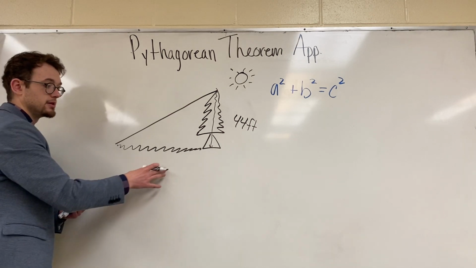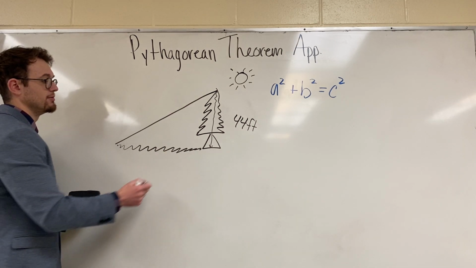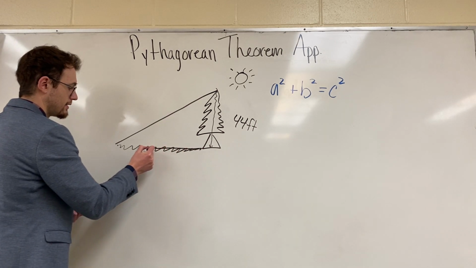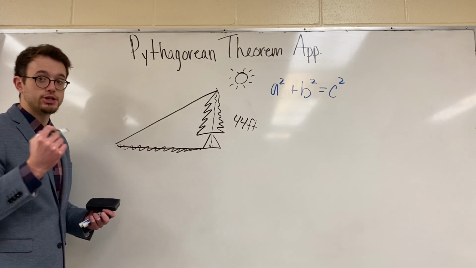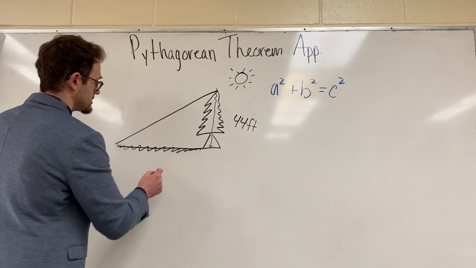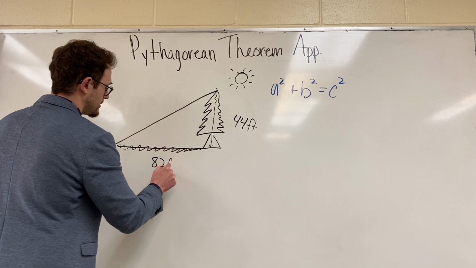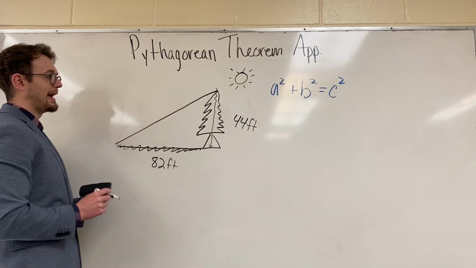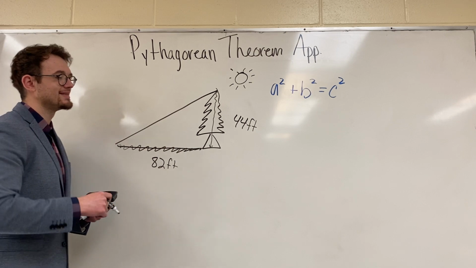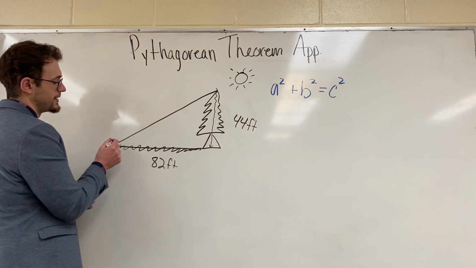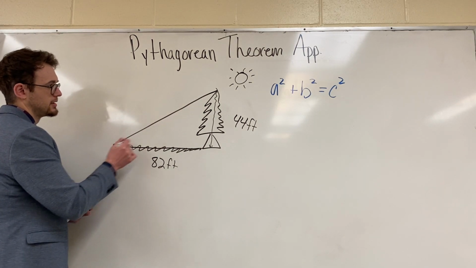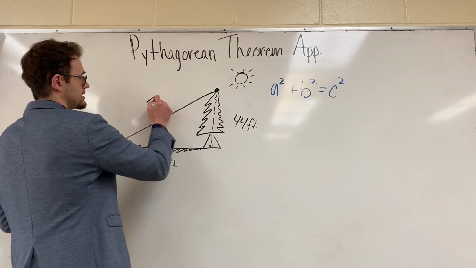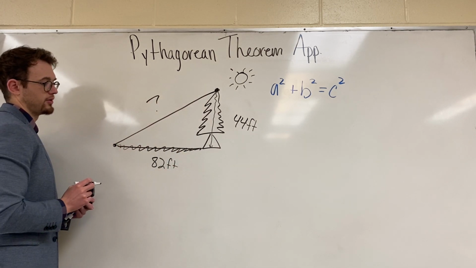And this one's easier. This one's more doable, as you measured the length of the shadow, which let's say is 82 feet. Well, then what is the distance from the tip of the shadow to the tip of the tree? So what is this? All right.